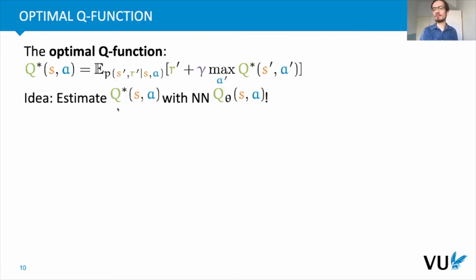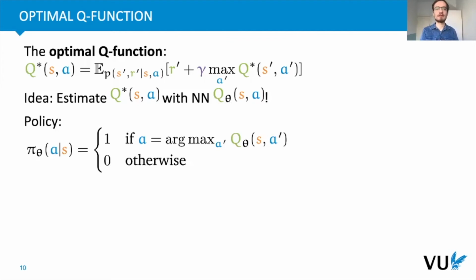We want to find this optimal Q function because it allows us to derive the optimal policy. So why not use a neural network that estimates this optimal Q function? That's what we're going to do. We use a neural network, Q theta, that's going to estimate this optimal Q function. And from this we can derive a very good policy, namely a policy that always takes the best action from this estimated Q function, just like you would do with the optimal policy.